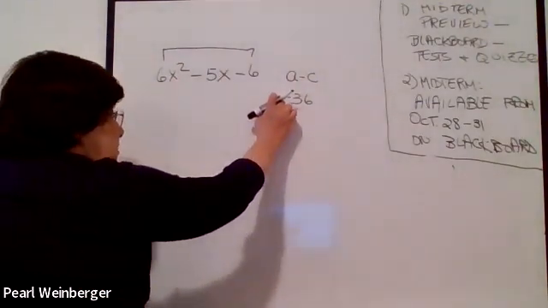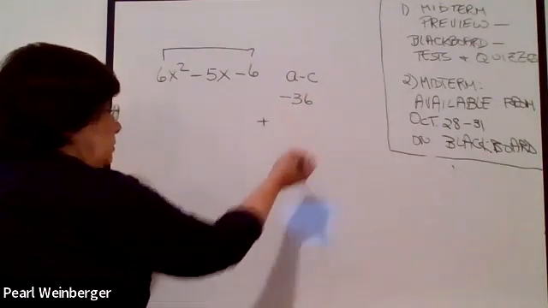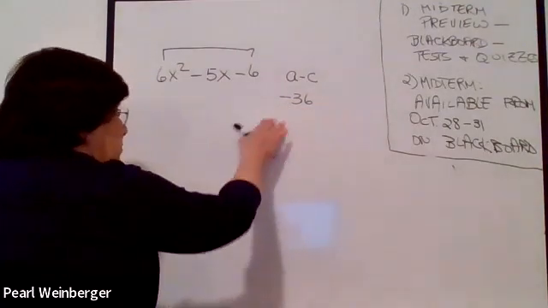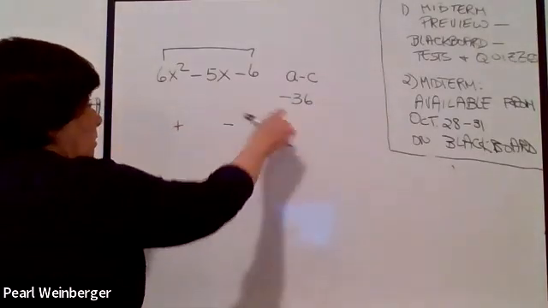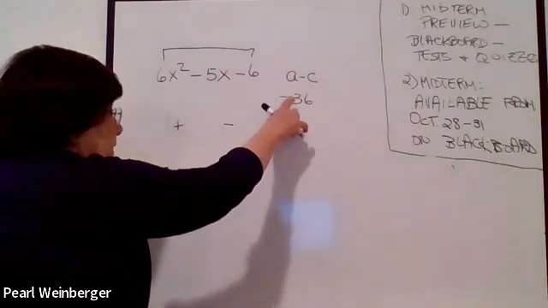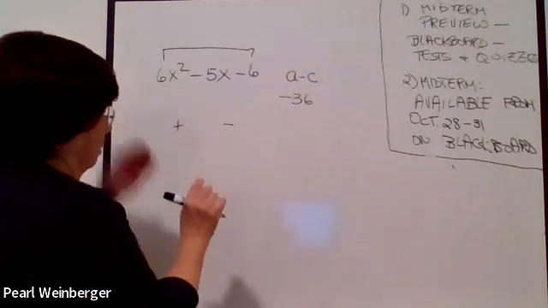Since this is negative, one of the numbers is going to have to be positive and one negative, because the only way you can multiply and get a negative number is if one is positive and one is negative.